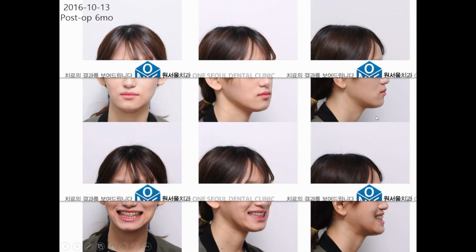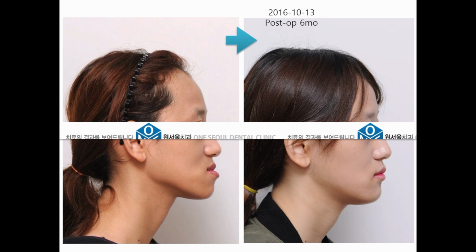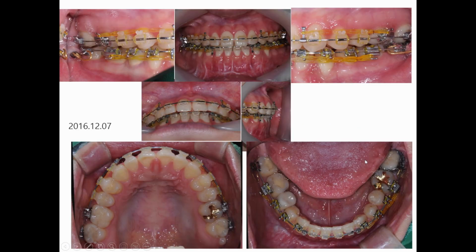Post-operation 6 months. So the face changed a lot. And then control all kind of space with upper and lower. Now the midline is almost done.